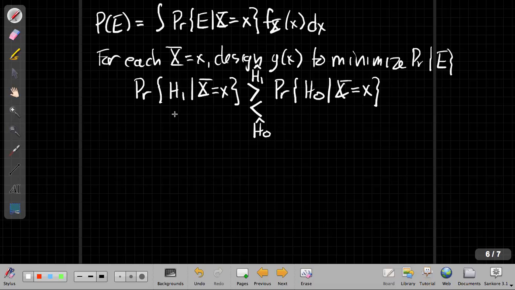And now we use the definition we had a little while ago, conditional probability of an event on a continuous random variable. We can say this right-hand side here would be the probability of H1 times the ratio of the conditional density over the overall density.